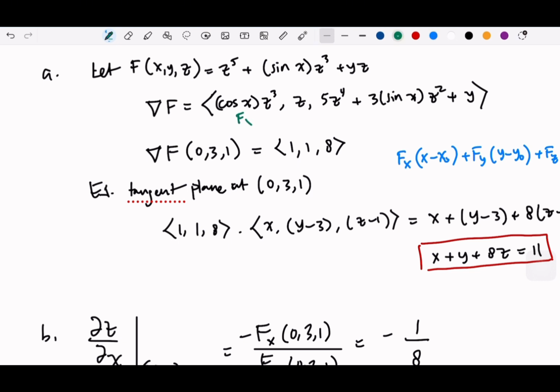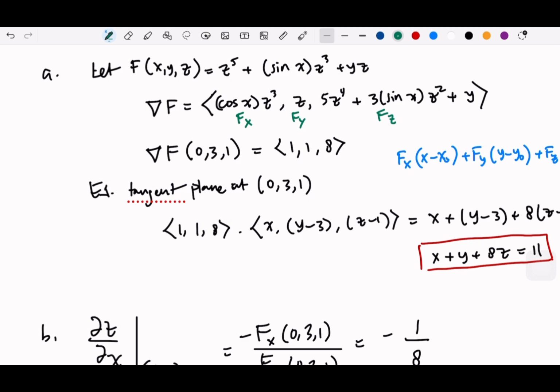Take (0, 3, 1) into the equations. Remember sine x is 0, so we have only 5 plus 3, which is 8. And for x, it is 1, so negative 1 over 8.